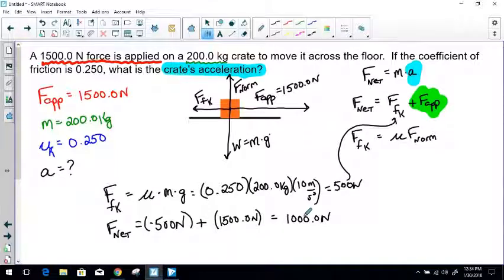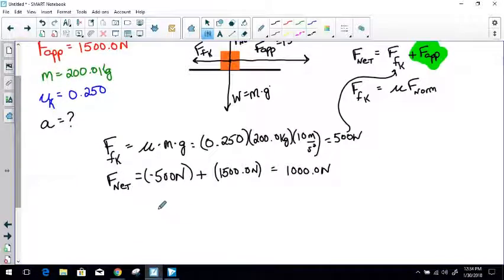newtons. Now I'm going to take this number and put it back up here for net force. So our net force equals 1000 newtons equals mass, which we said was 200 kilograms, multiplied by a, which is what we're looking for.